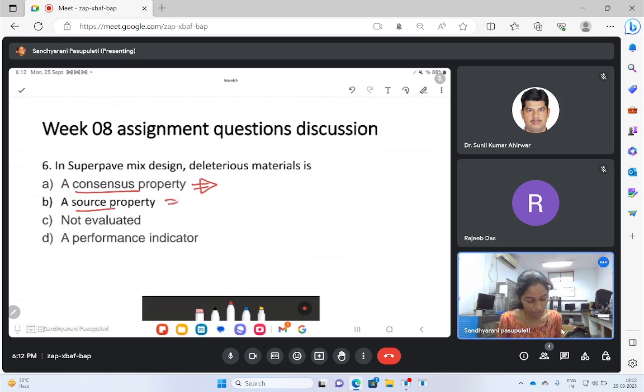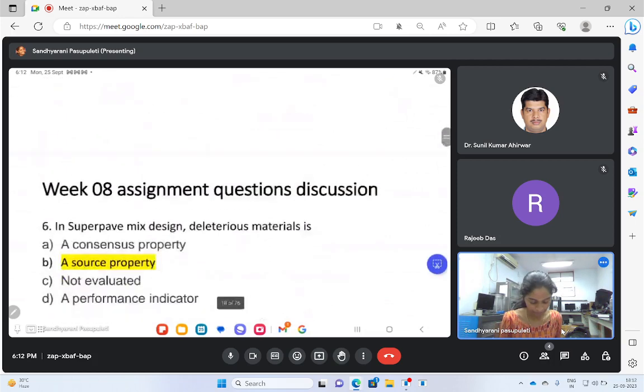But source properties are not mandatory, though it is suggested to satisfy them. Deleterious materials, like the sand equivalent test which we perform according to IS specifications, tell us the amount of clay present in our fine aggregate. So deleterious materials come under the source properties.